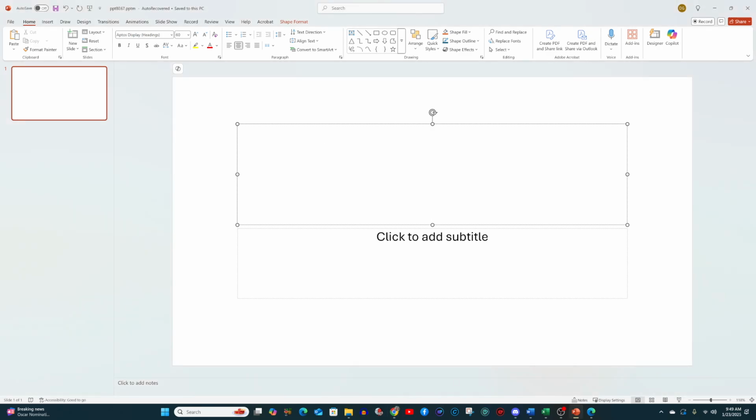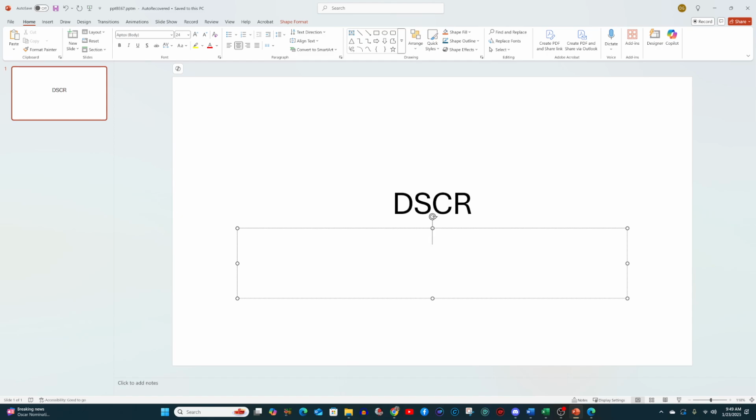Okay, so I want to do a video about DSCR loans and what they are. There is something that's very common in the real estate investment community, and it's an innovative financing option for purchasing real estate. So basically, DSCR stands for debt service coverage ratio.